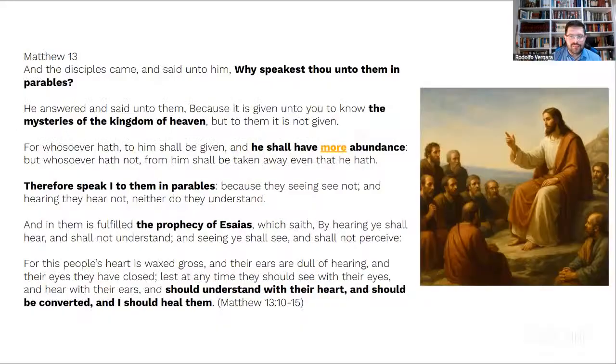So this is from Matthew 13, and this is the question the disciples asked the Savior: why do you speak unto them in parables? Now, we usually think parables are a way to simplify things or make them more relatable.